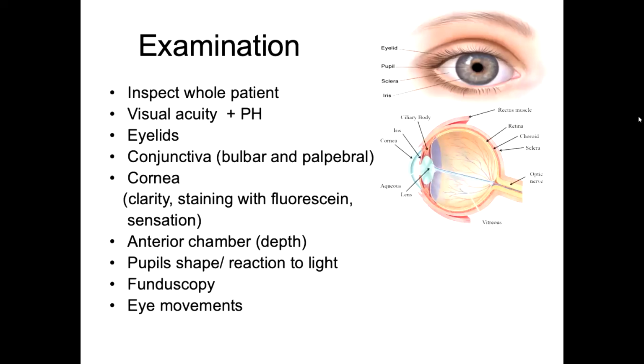What is pH? Quickly. Pinhole, right? So what is pinhole? Why do you check with the pinhole? Yeah, the pinhole will actually send only the central rays of light. So then the refractive errors will be eliminated.